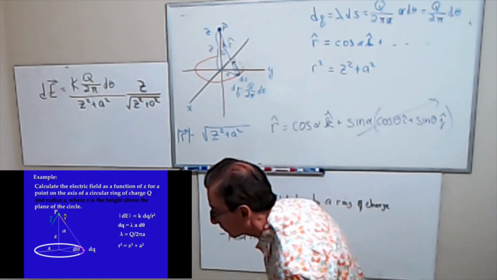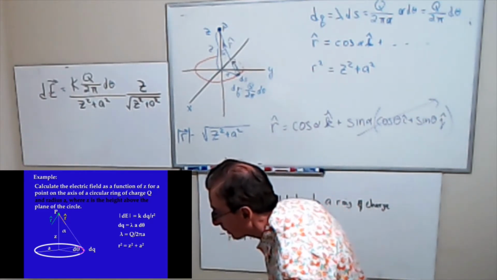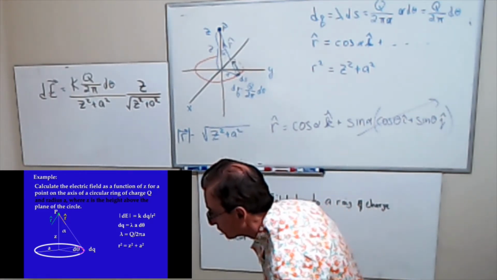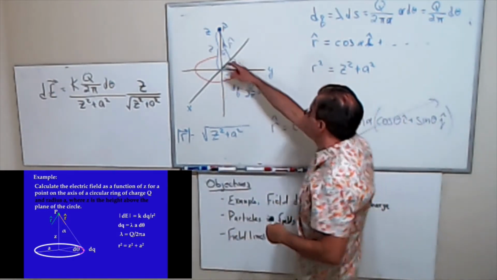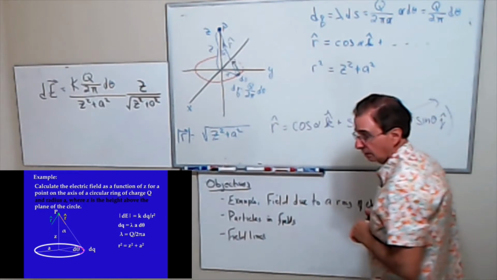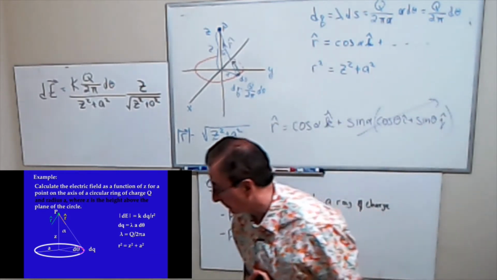Okay. Yeah, and the question is don't we just want the vertical component? Yes, that's what we have, right? The z component is the vertical component.